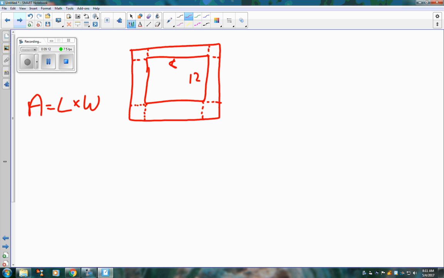Alright, so if this is my length, how much is this section right here? 8. Do we know what this area is? What about this one? How about this area?